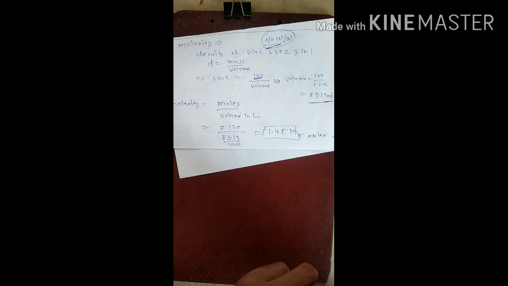Okay, so that's it for today. We have calculated 5 examples, INTEXT question number 2.1 to 2.5. Now in homework you have to calculate 2 examples from the exercise. First you have to calculate those examples. This is your homework.